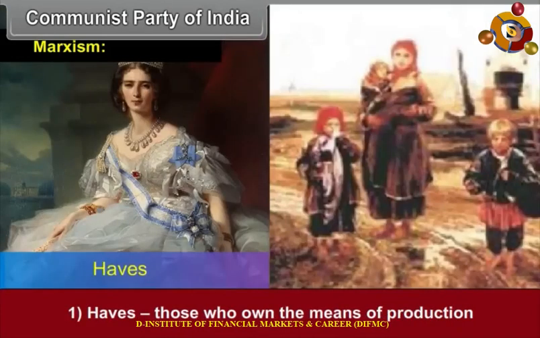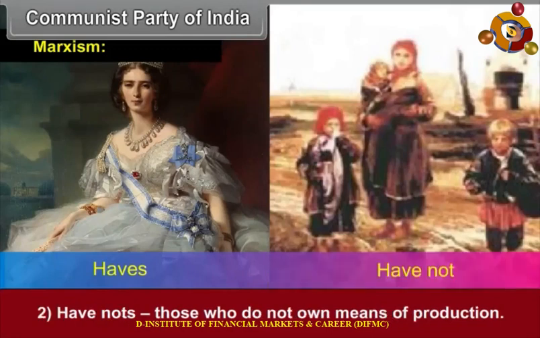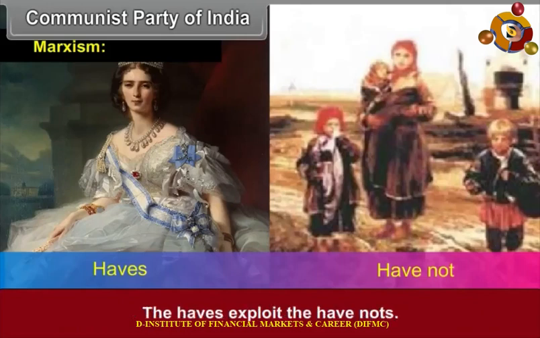First, haves, which means those who own the means of production, and second, have-nots, which means those who do not own the means of production. The haves exploit the have-nots.